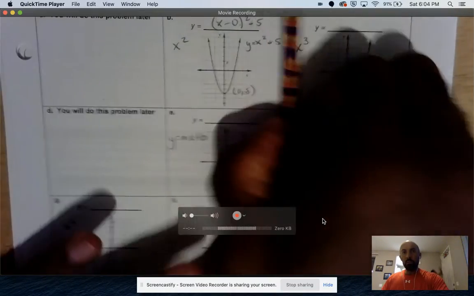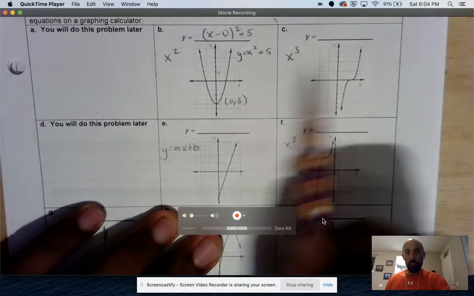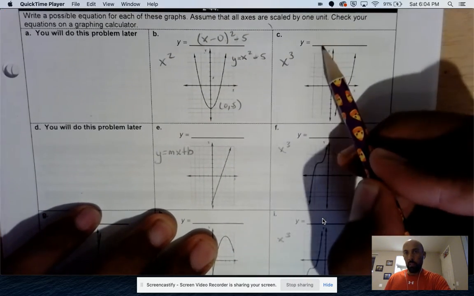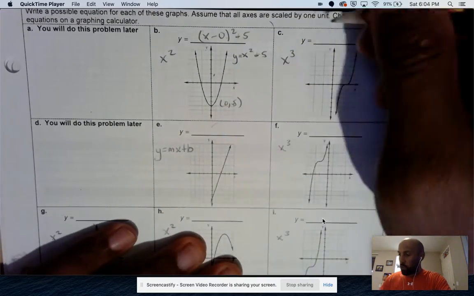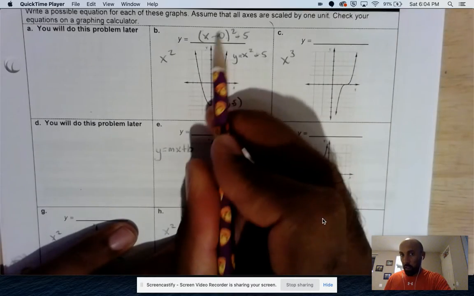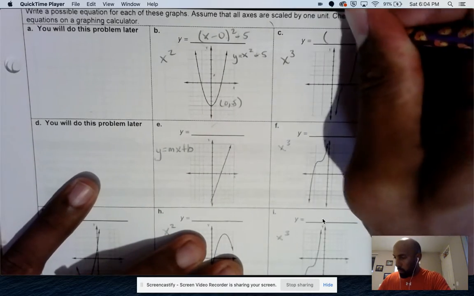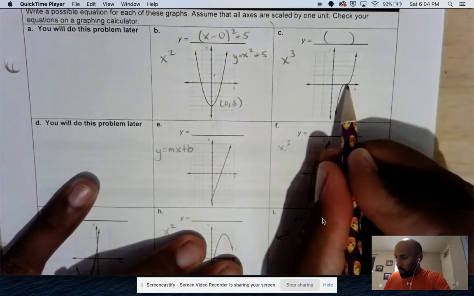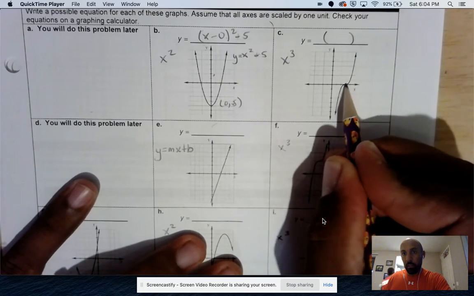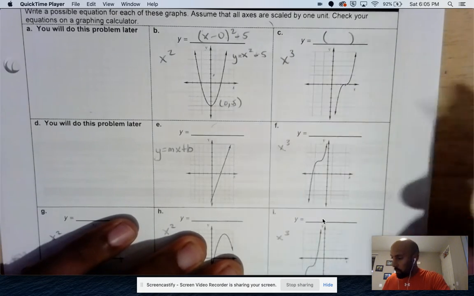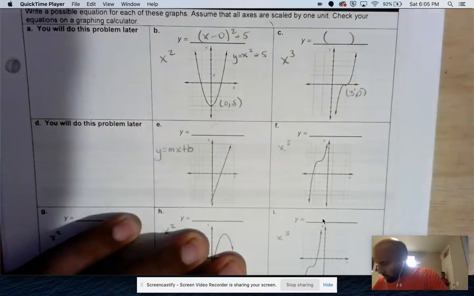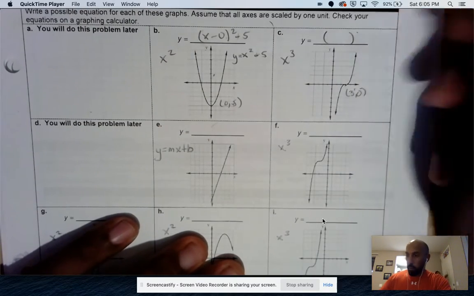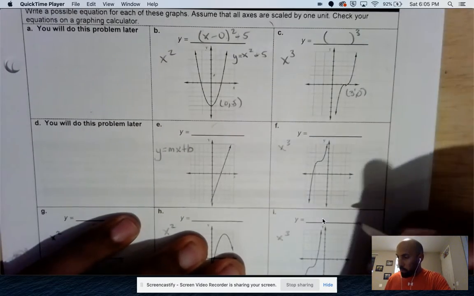Okay, so now we're going to use that same approach to figure out all of these. Let's start with a cubic graph. For a cubic graph, we can use the same idea that we did here with graphing form, by finding the locator point, which is basically the middle of the graph. That middle of the graph is at 3, 0. And instead of squared, now we're going to use cubed.